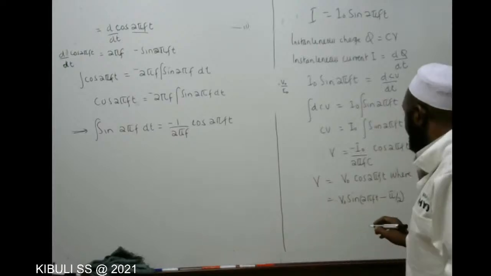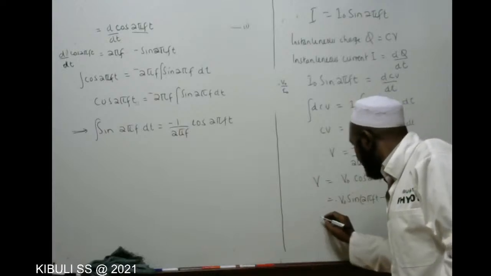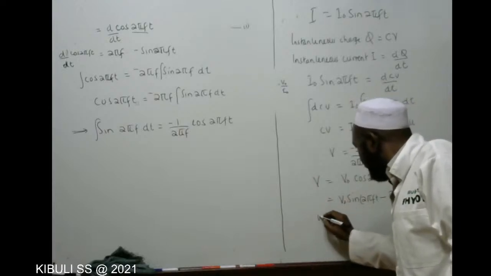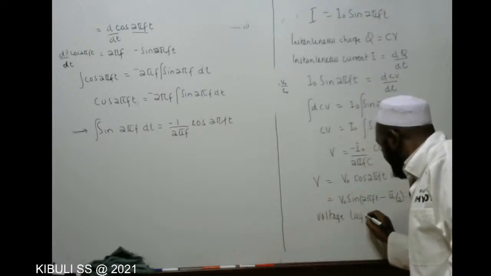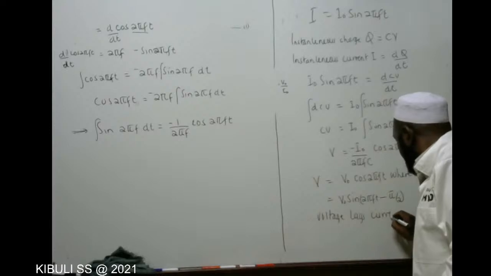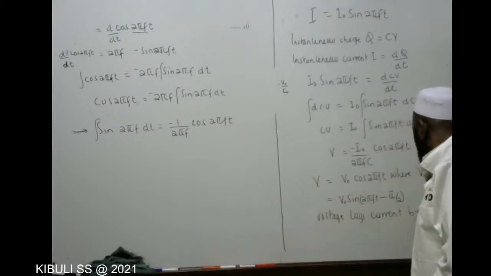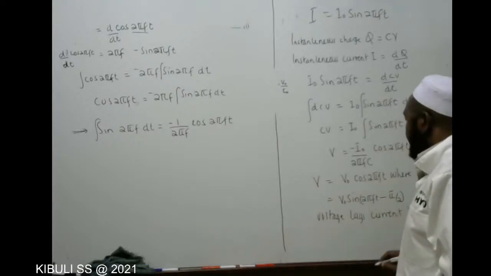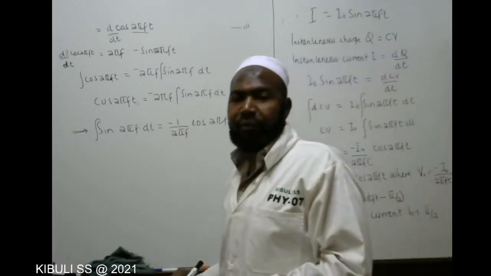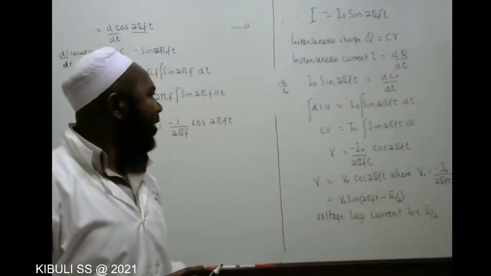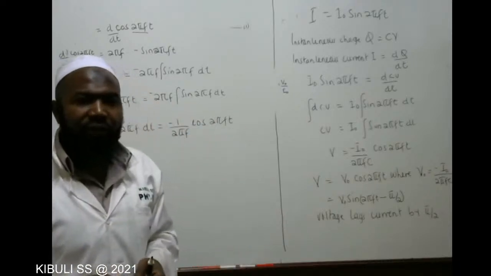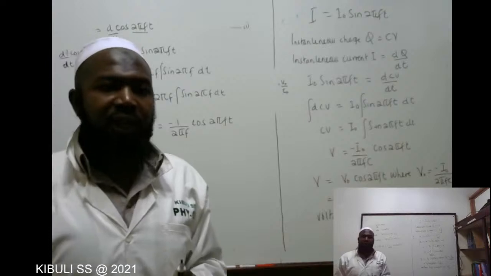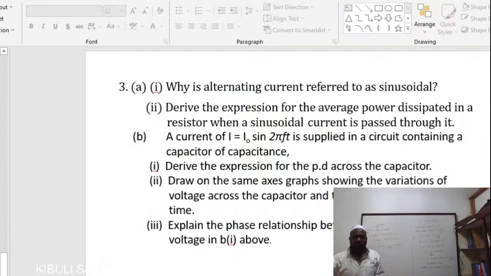So we conclude that voltage lags current by pi over 2. The voltage lags current by pi over 2. So the question has come, in fact, in a reverse way form. So that is an aspect that we had not concluded the other time.